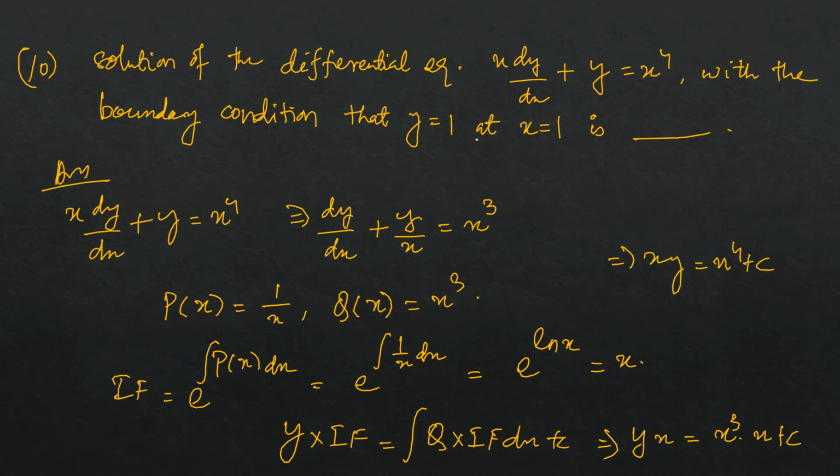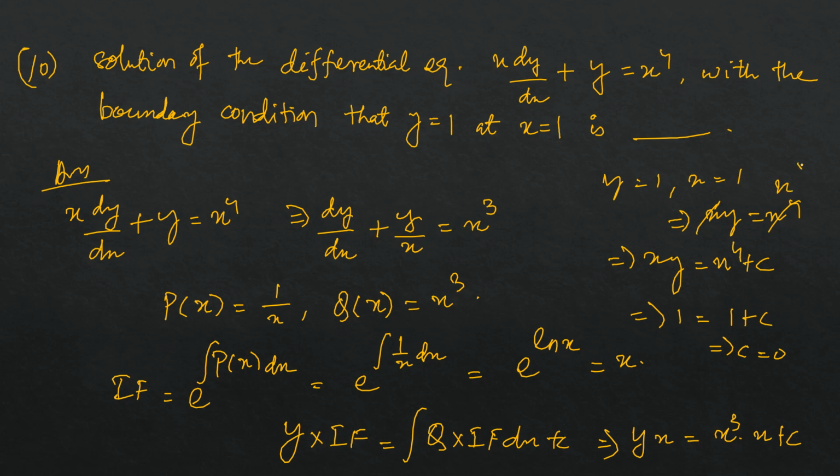Now the boundary condition: y is equal to 1 and x is equal to 1. Put it in. So 1 is equal to 1 plus c, so c is equal to 0. So xy is equal to x^4.